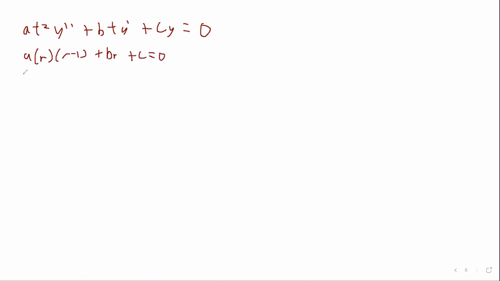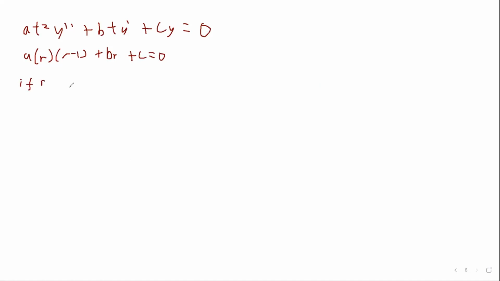So if you have an Euler equation, a t squared y double prime plus b t y prime plus c y equals 0, then the complementary solution can be found using the following equation: a r times r minus 1 plus b r plus c equals 0.